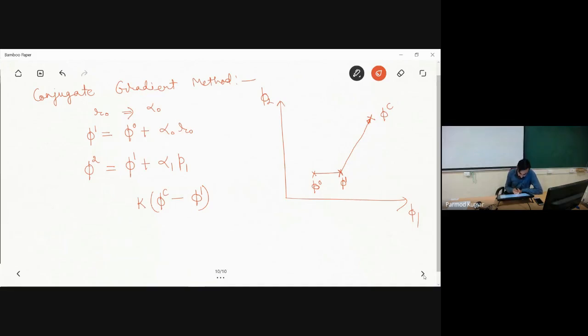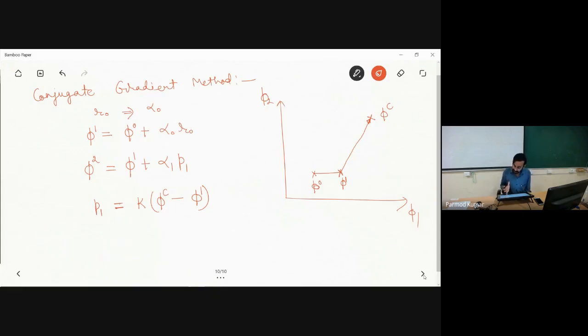Let me call this P1. So I have selected P1 as my direction in such a fashion that I am moving k times in the direction of the phi c minus phi 1 vector. So after the first iteration, we attempt to move in a direction which will give us the solution in a single step.